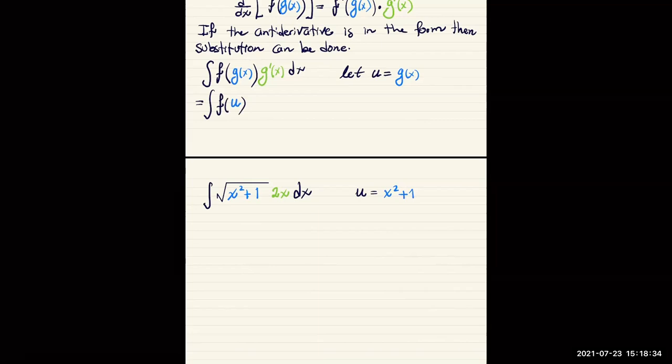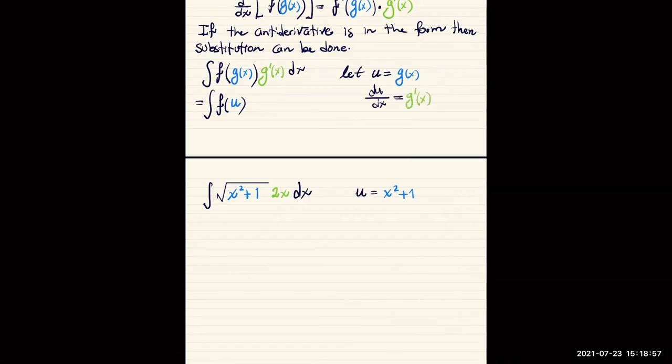Okay, now what you also do is take the derivative of this, because we have a dx, we have a derivative g prime. Take the derivative of this relation. So you just do du dx, differentiate with respect to x, that gives you g prime of x.